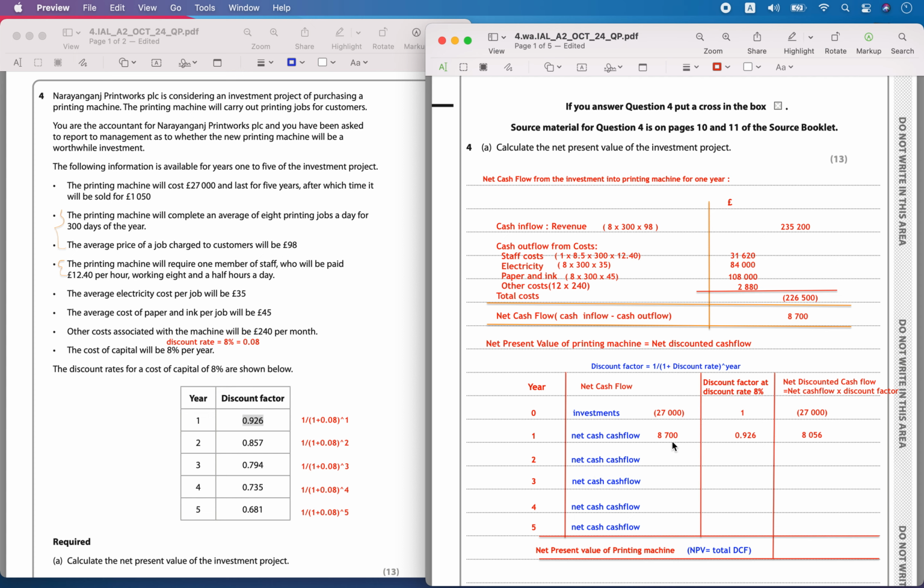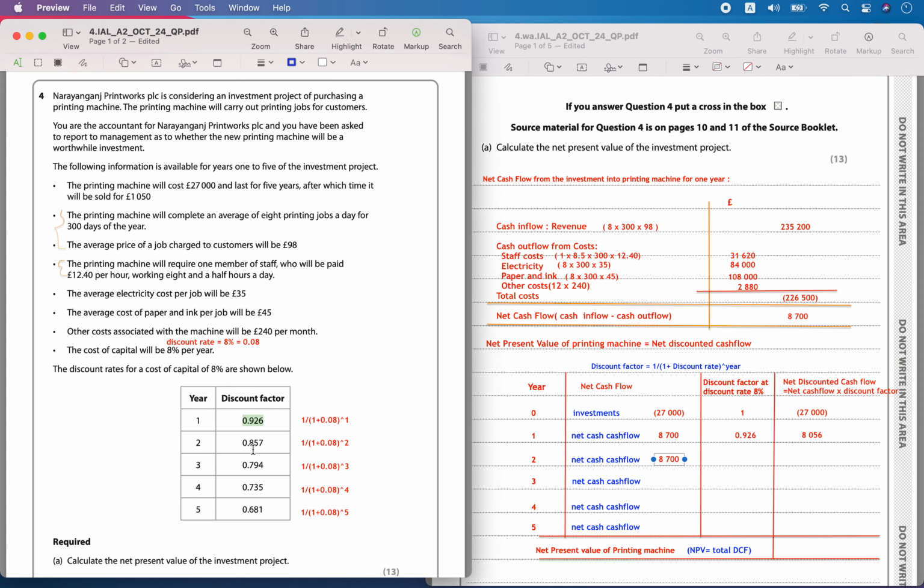You multiply 8,700 times 0.926, that value is 8,056.2, or you can just round it off to 8,056.